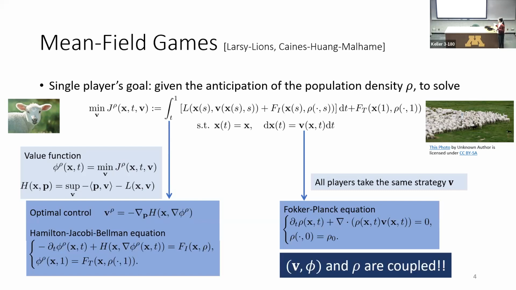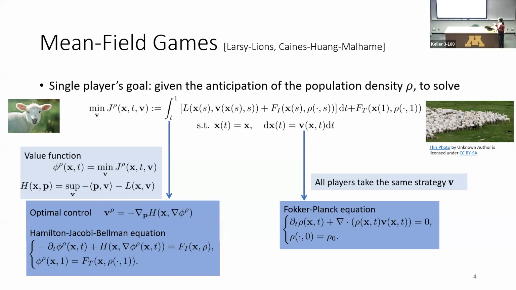So this density, the density distribution of all the other players, is the mean field term in the cost. If all the other players act in one way, you may get one optimal control, and if all the other players act in another way, you may get another optimal control.